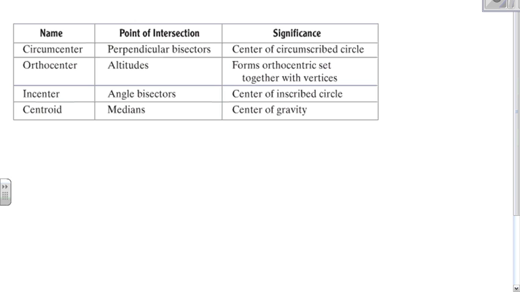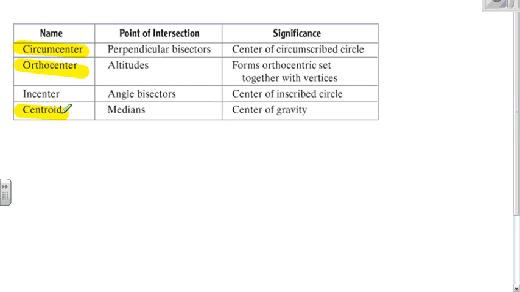If you were to construct all of these centers on the same triangle, you would notice something pretty interesting, and that is that the circumcenter, the orthocenter, and the centroid are collinear, meaning there's one line.